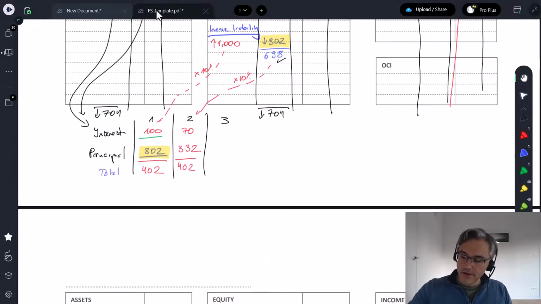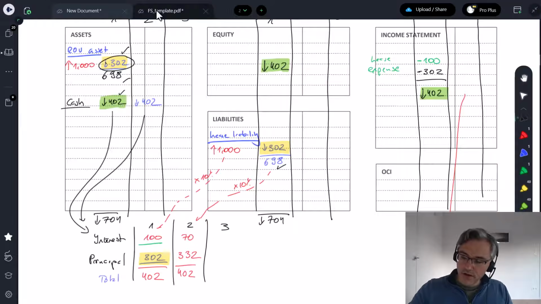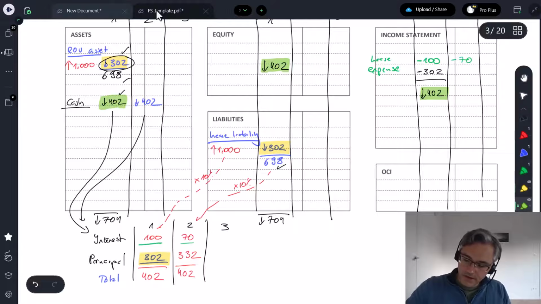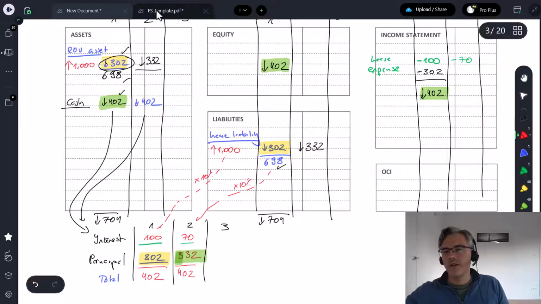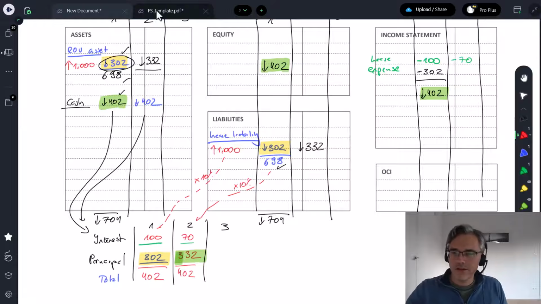Right, okay. So, like we said, whatever is considered to be interest goes to P&L, but not under interest expense, under the lease expense. Whatever is considered principal impacts the liability, but also this time the asset. So the difference is that you don't amortize the asset in some specific way, like straight line.